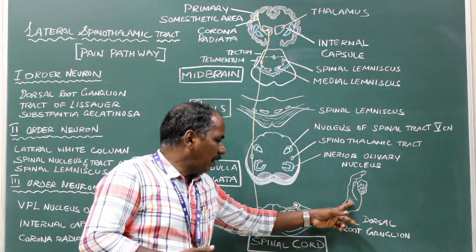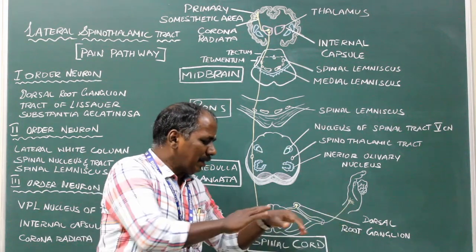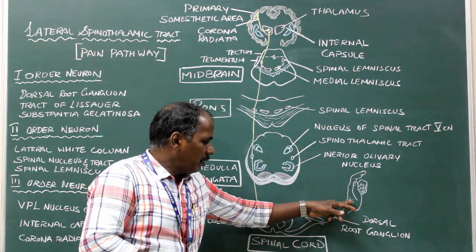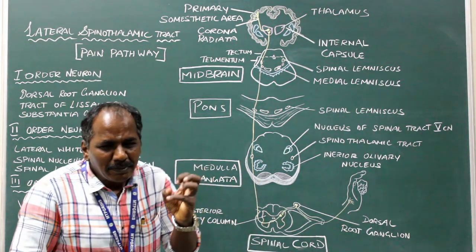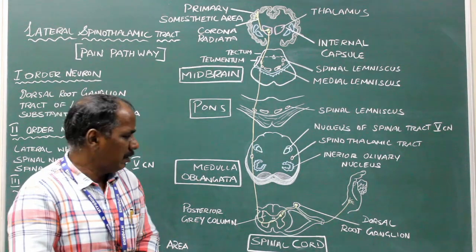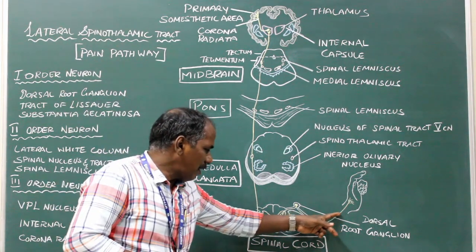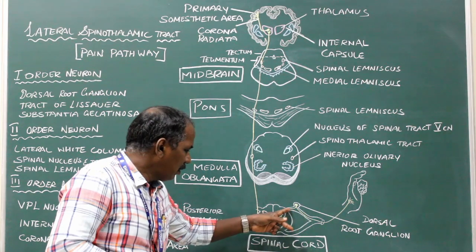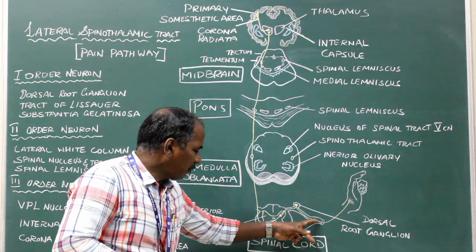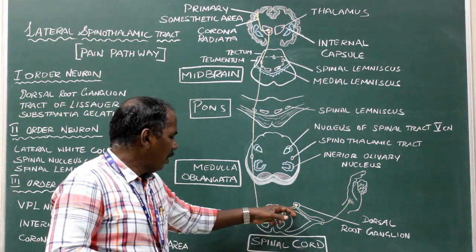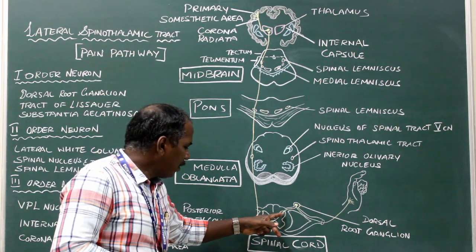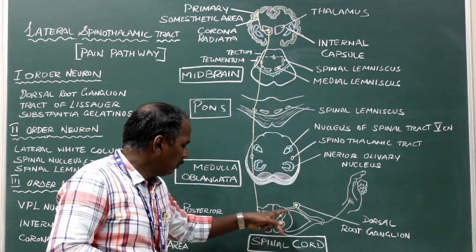The free nerve endings present in the skin receive the pain and temperature sensations, pass through the dorsal root of the spinal nerve and enter the spinal cord.